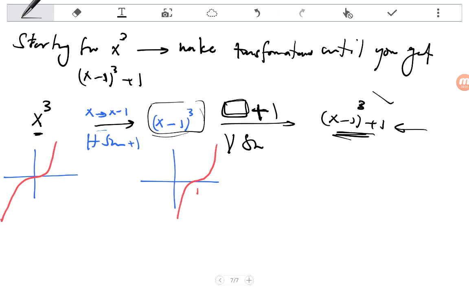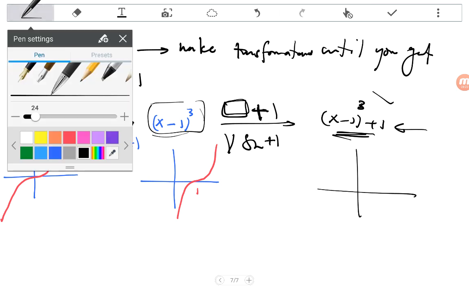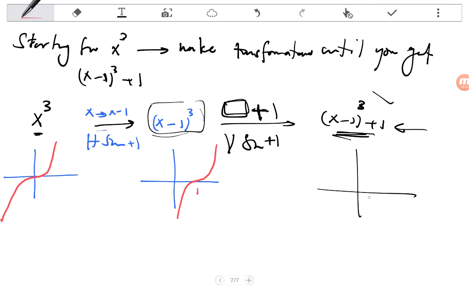Multiplying by a negative is a reflection, either multiplying the x or the y or the whole function. Putting an absolute value is an absolute reflection. So these are all the transformations that we have. This is a vertical shift, plus 1. So the graph of the new function, I will just take it up by 1, would be something like this. This is 1 and 1.